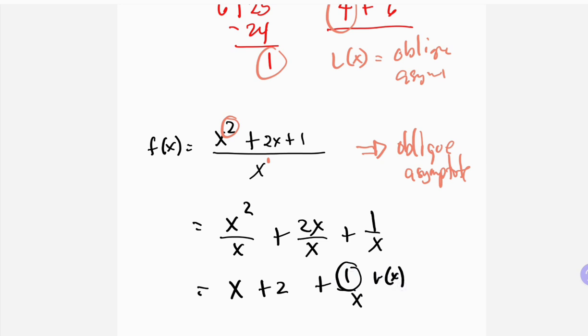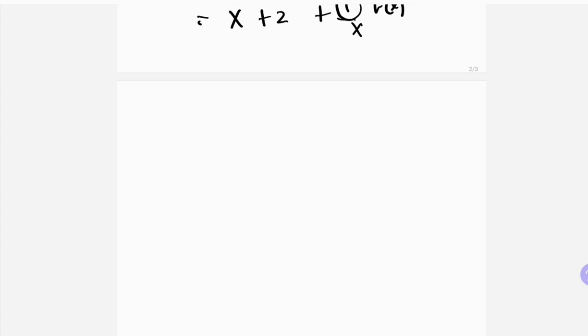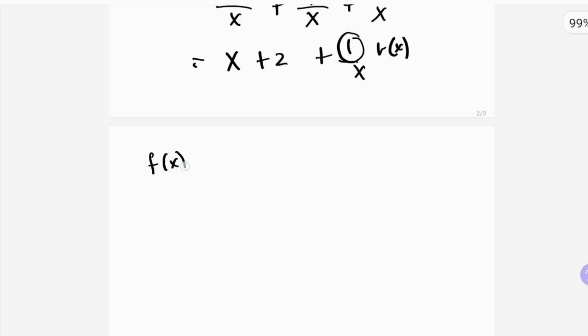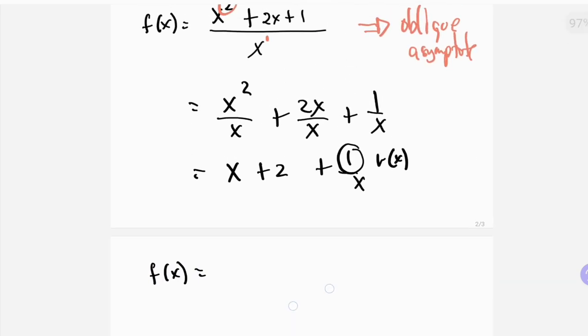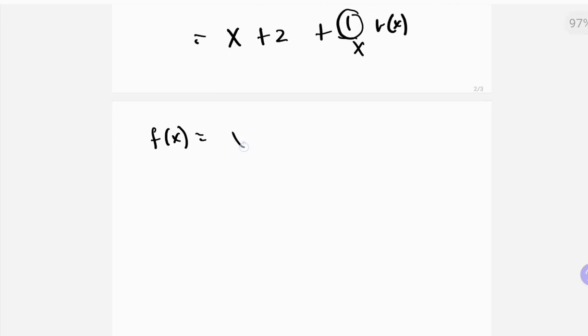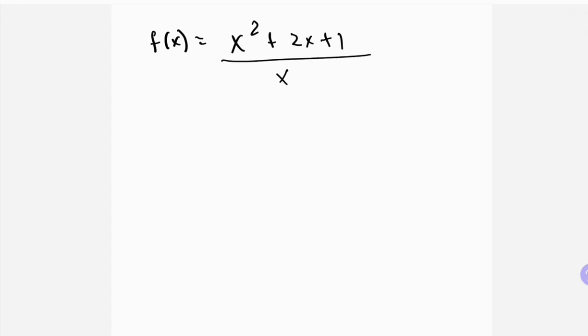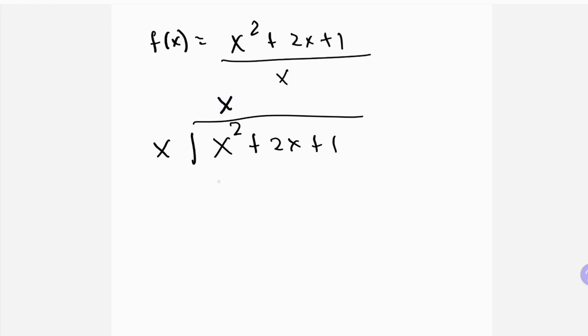Let me show the procedure using polynomial division for this rational function. So f of x equals x squared plus 2x plus 1 divided by x. If we do this using polynomial division, it would look something like this. X squared plus 2x plus 1, dividing that by x. Of course, this is x. We multiply that with x here, so we can subtract that from the first term. So x squared, subtract, that's 0.